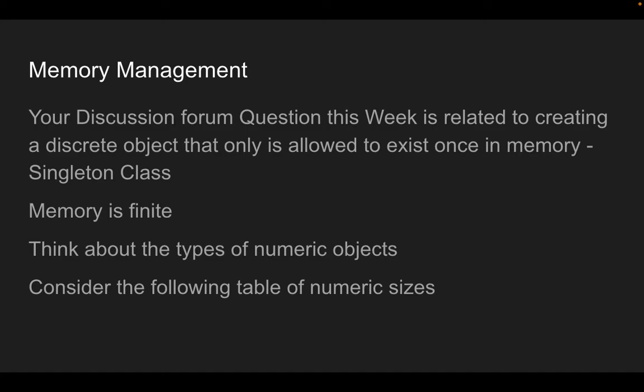Keep in mind that memory is finite. Everyone knows that your hard drives and the RAM on your computer cannot hold the world's data. That's just not enough, right? So memory is finite, and that means we need to think about how we use objects.